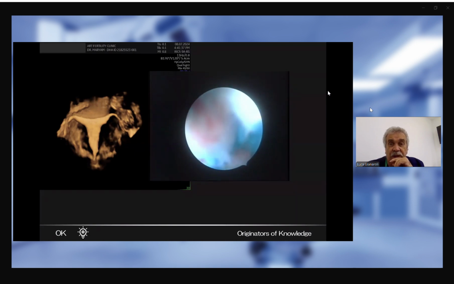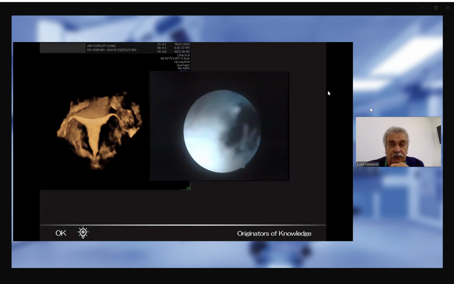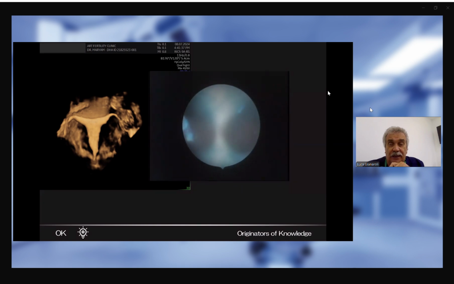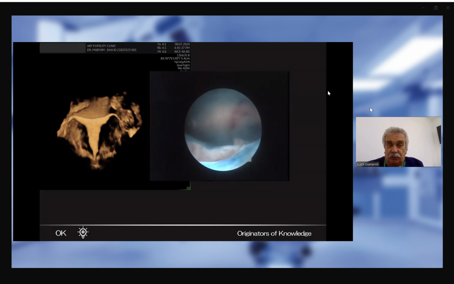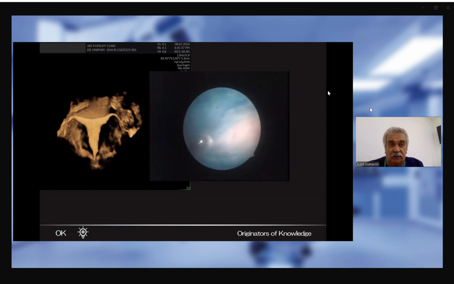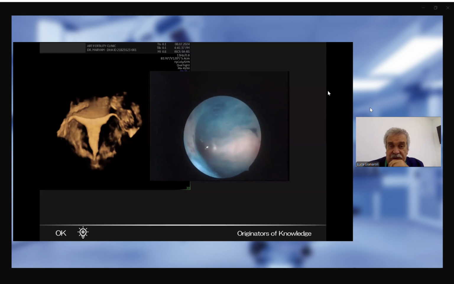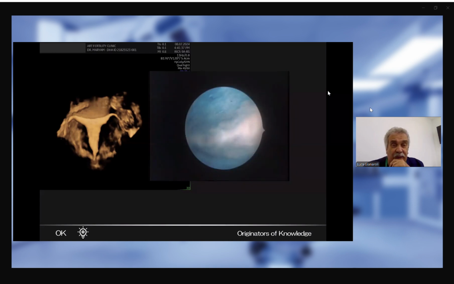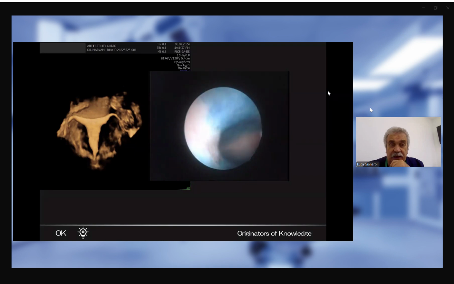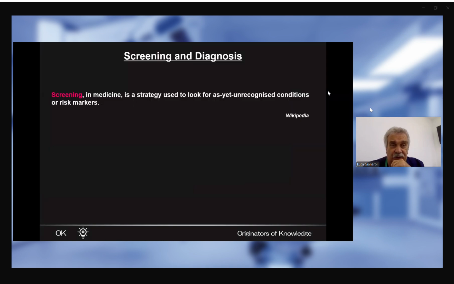Once you reach the cavity, after a small stenosis, you see a nice, huge vertical adhesion that is broken just using the pressure of the water of the hysteroscopy. Again, look at the left side of the screen. Tell me if you can see anything that could make you suspect such an adhesion in a woman who never had a pregnancy before, never had a termination of pregnancy, never had, according to her, any infection.